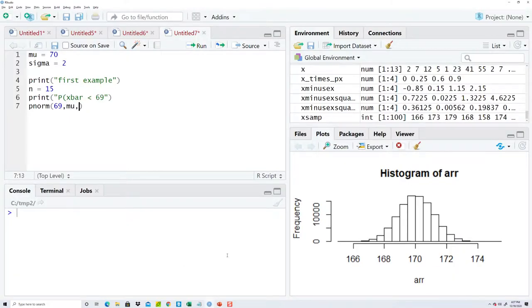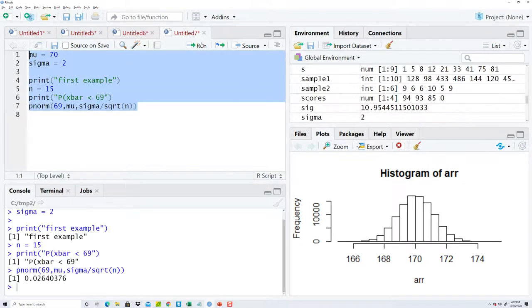And that'll give us our answer. Let's run that. And that'd be our probability.